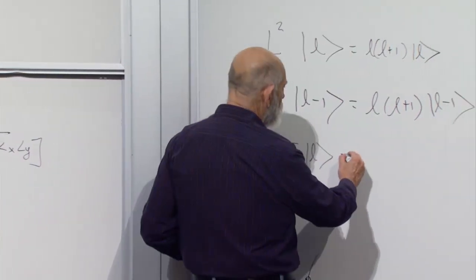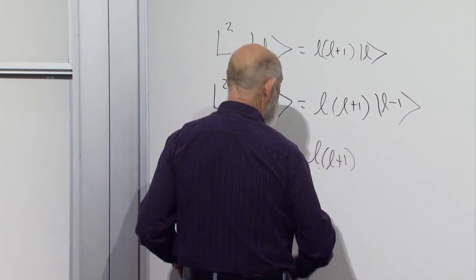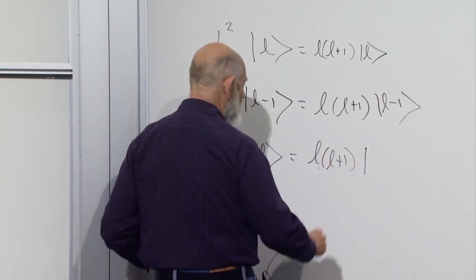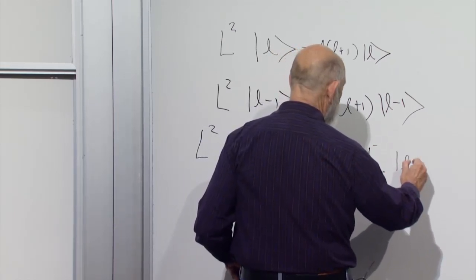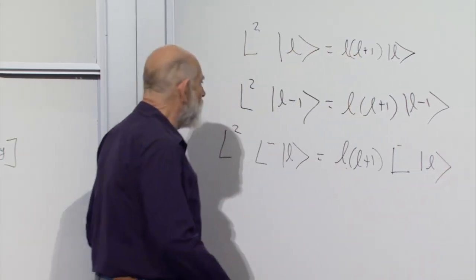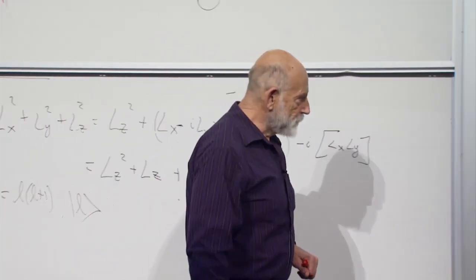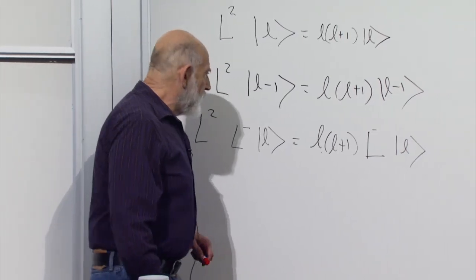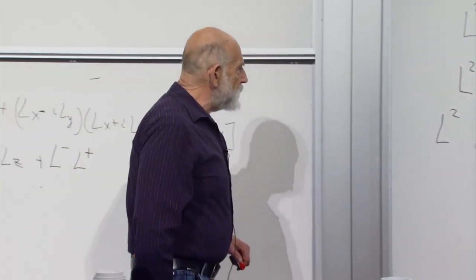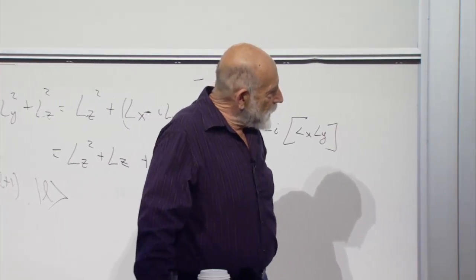And we want to prove that's equal to L times L plus 1 times L minus on L. That's the thing you want to prove. Okay. Can anybody guess how to prove it? Does the algebra here suggest anything?